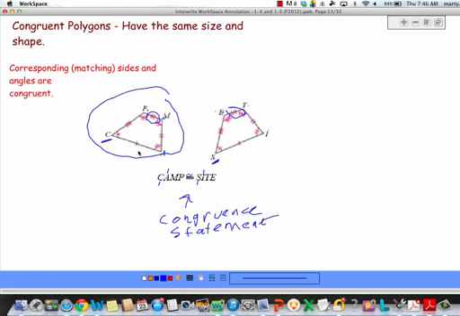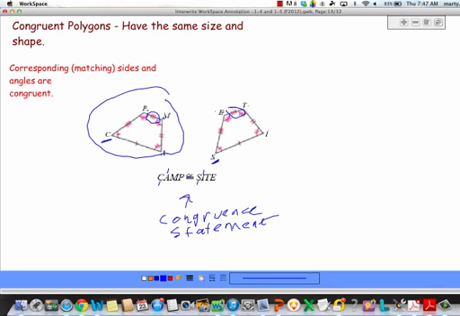Just like you have a name, for example, if your name is Markia, that's your name. Your classification may be sophomore, or it may be female. Those are classifications. So that's like quadrilateral or regular quadrilateral, or anything that has to do with its number of sides. But when you name it, you name something with its vertices. That's very important.